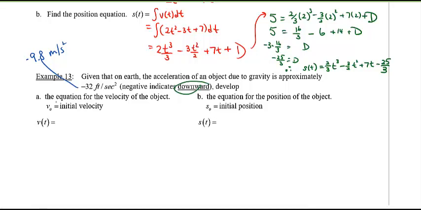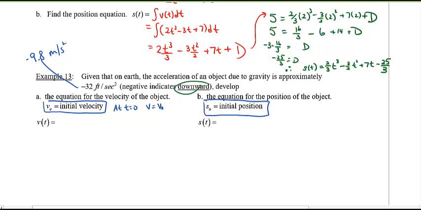Using v naught as the initial velocity, so that means at time t equals 0, our velocity is v naught. And then also find the equation for the position of the object, and use s naught as our initial condition.